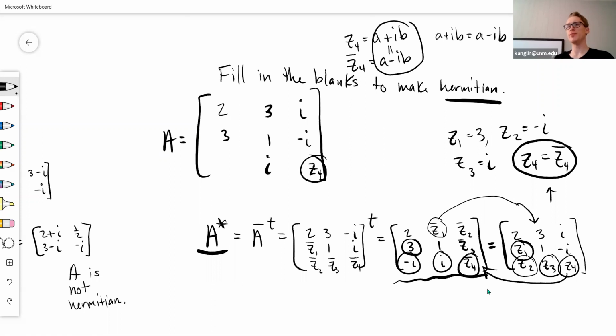what has to happen? Well, you could subtract a from both sides. You could add ib to both sides, and you get 2ib equals 0. Well, the only option here, if you have 2 times i times b to equal 0, 2 isn't 0, i isn't 0, that means the b must actually equal 0.